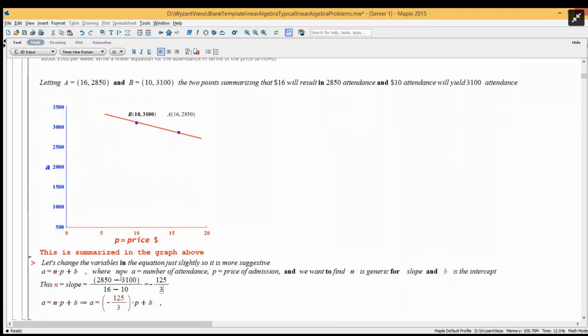Now, in math, we just call this the slope of the line. But in microeconomics, or in this price demand equation, they give it a fancy name, it's called marginal demand. All it means, minus 125 divided by 3, is that if you increase the price by $3, you get a drop in attendance, and that's signified by the minus.